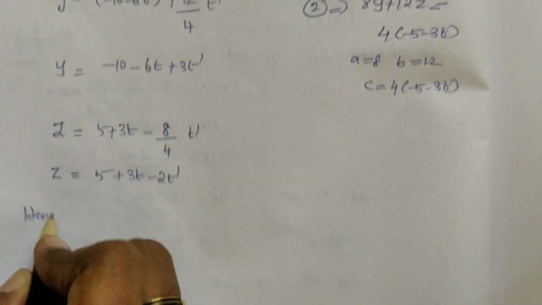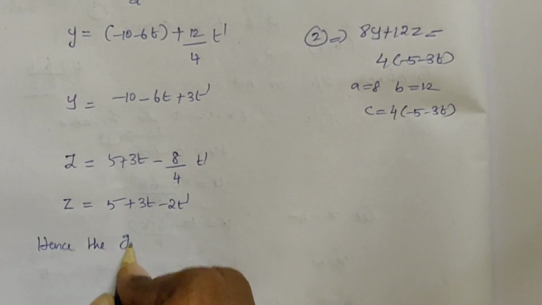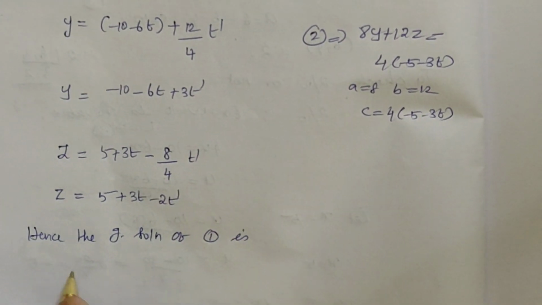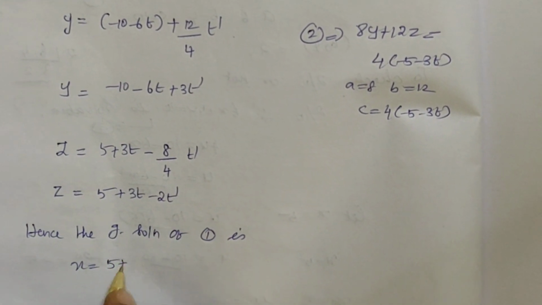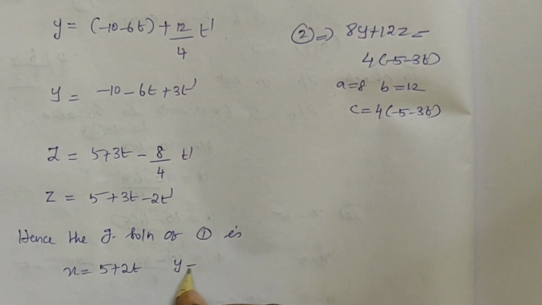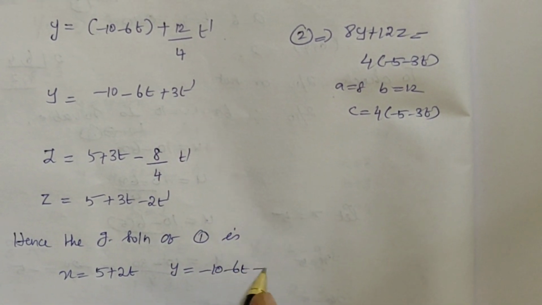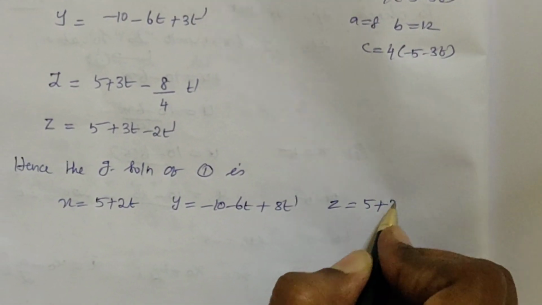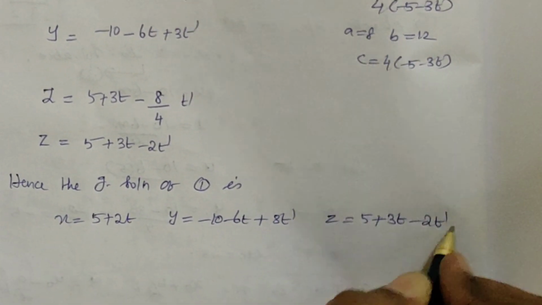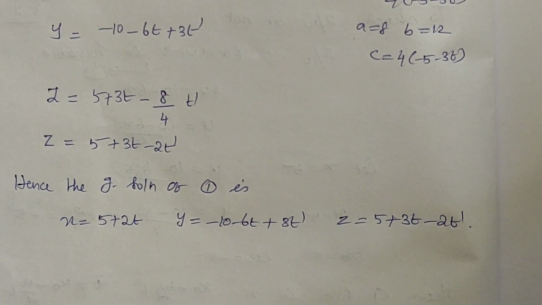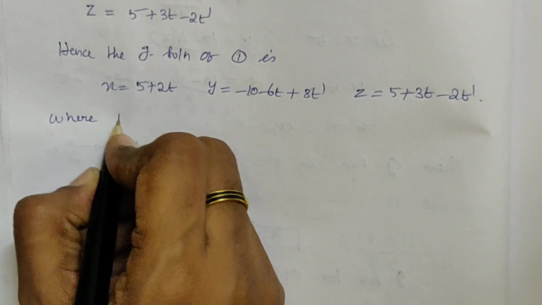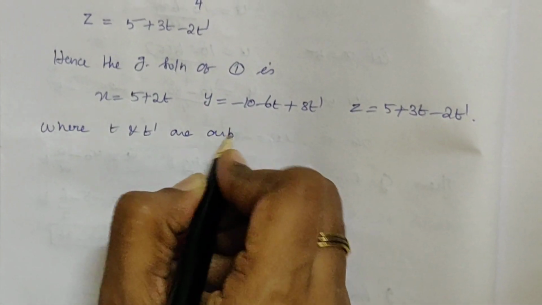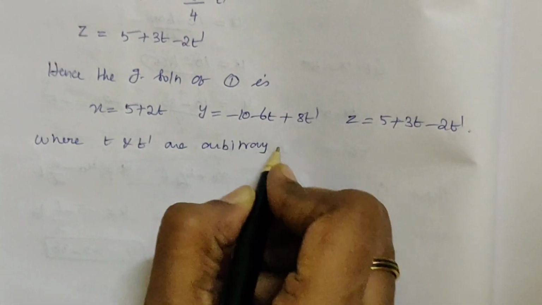Hence the general solution of equation 1 is x equal to 5 plus 2t, y equal to minus 10 minus 6t plus 3t dash and z equal to 5 plus 3t minus 2t dash, where t and t dash are arbitrary integers.